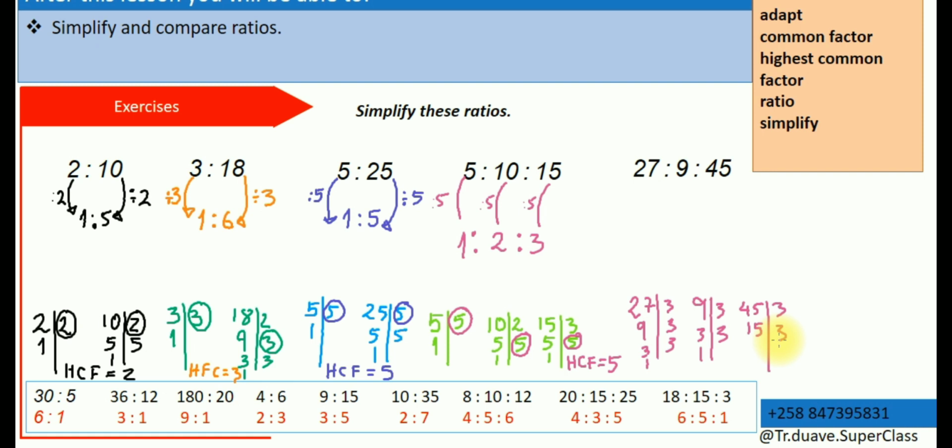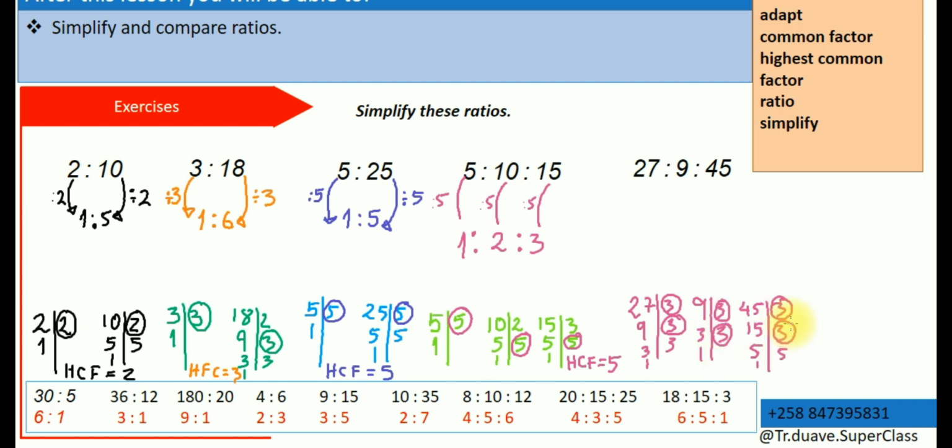By 3, the result is 5. By 5, 1. Now, what numbers are common for all? The common numbers here are these ones: 3 and 3 and 3, and we still have 3, 3, and 3.